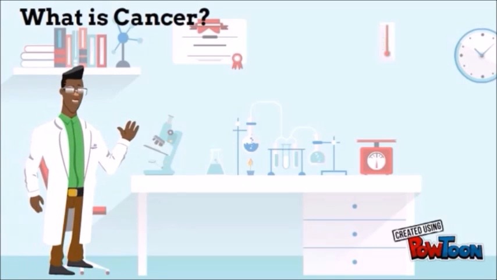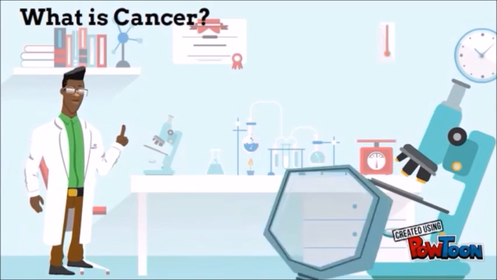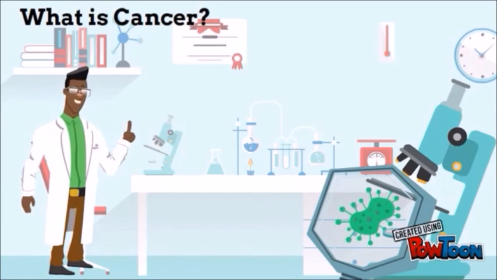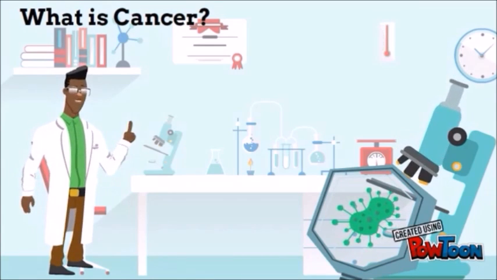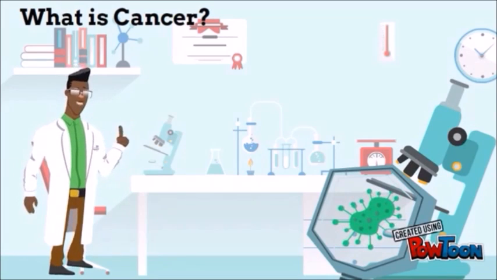Cancer is a group of diseases characterized by abnormal cell growth which proliferates in an uncontrolled way with potential to metastasize. Cancer can affect almost any part of the body and has many subtypes.